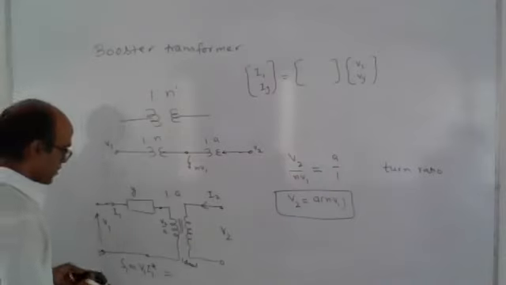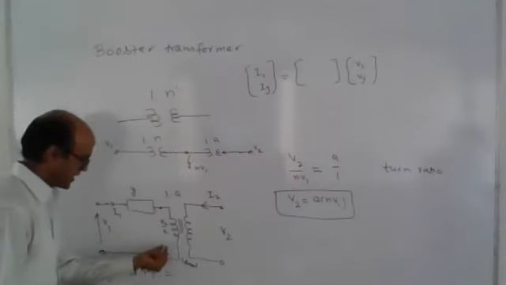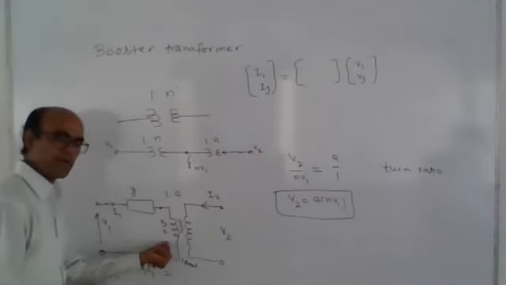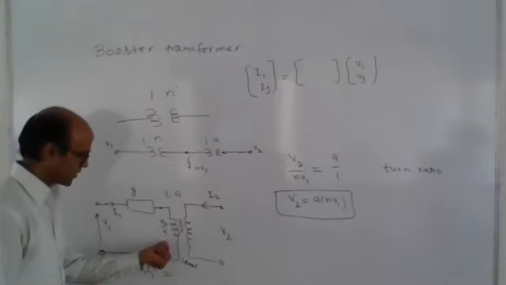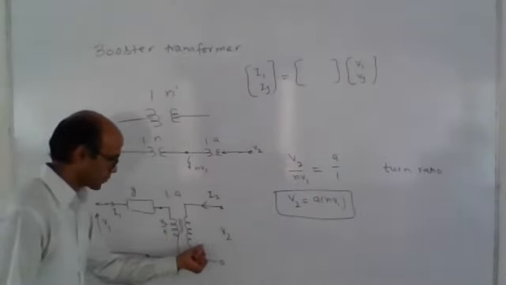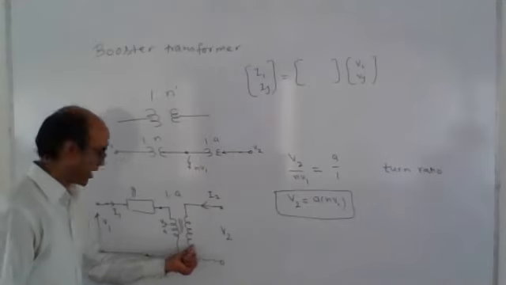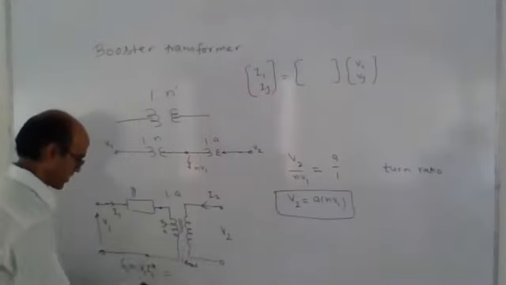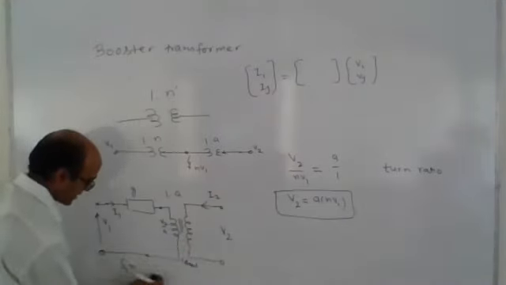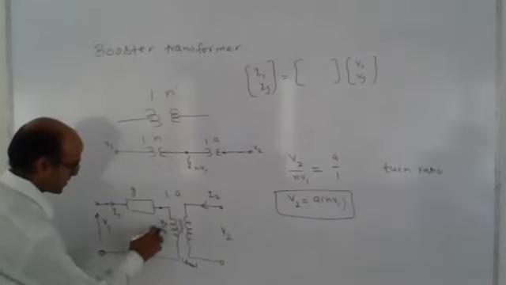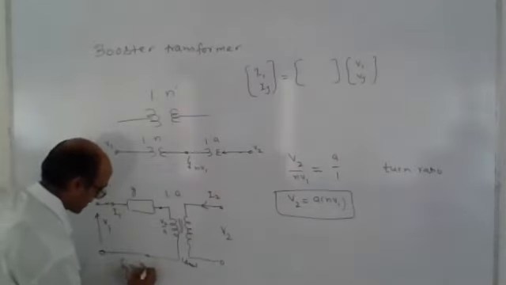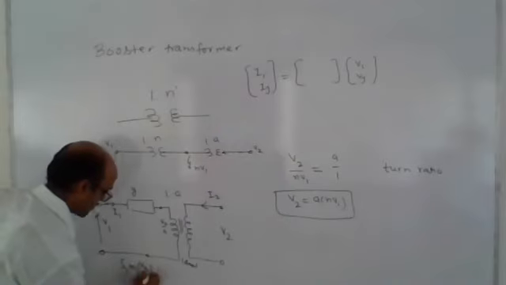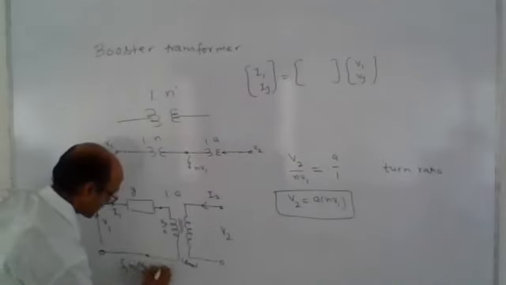So what do I take? I will take the injected power at the input side of this ideal transformer and the output power, and both are the same because this is an ideal transformer. So I can write here V1 is nothing but this voltage, V2 by A into I1 conjugate.